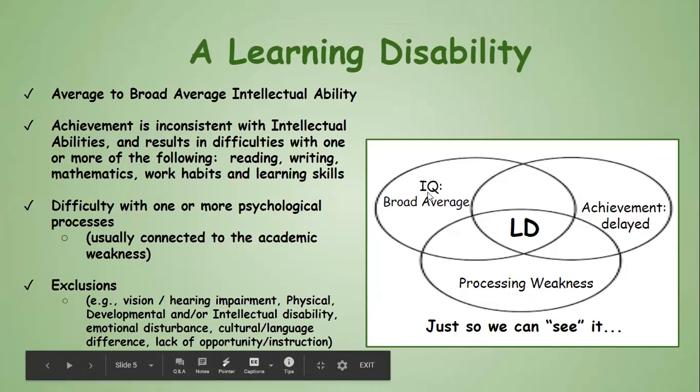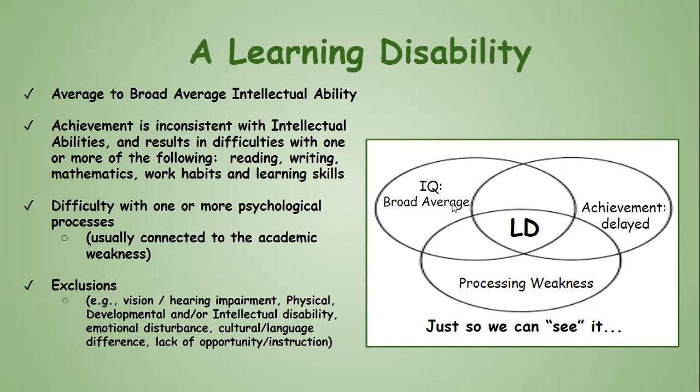When we're looking at IQ or intelligence, we're looking at average to broad average intelligence. We're going to go into this in a little more detail in the next slide. When we're looking at achievement or academics, we're looking at achievement that's inconsistent with where we would expect a child to be based on their intellectual ability.